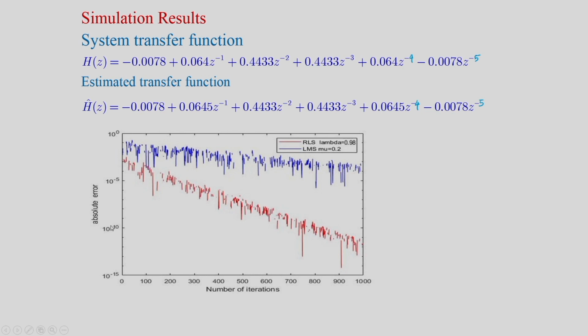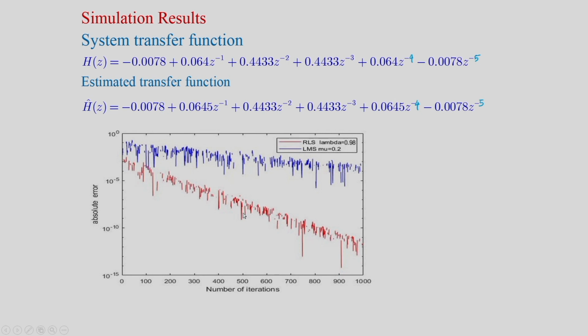We also examine the convergence characteristics. This is the absolute error after each iteration, and we see that in the case of the LMS algorithm with mu equal to 0.2, these blue values are the error values, and these are the error values when RLS with lambda equal to 0.98 is used.